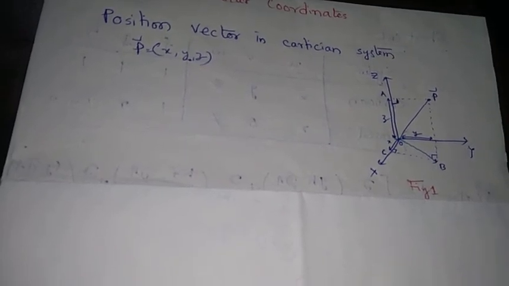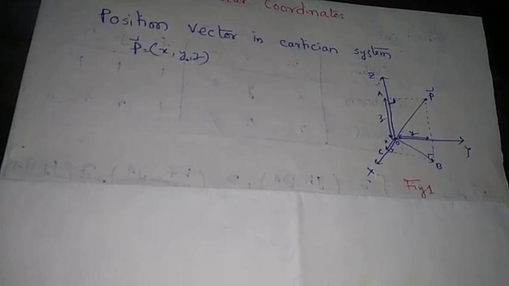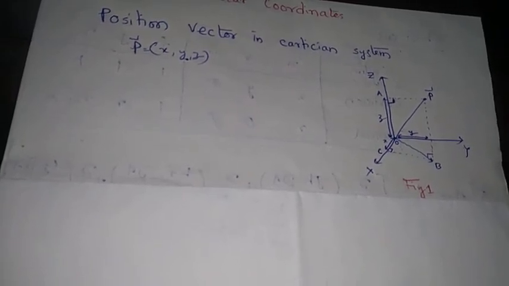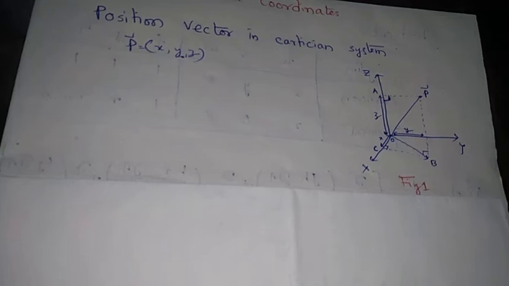The projection of this OB on the x-axis, which is OC, is our x component, and the projection of this OB on the y-axis, which is CB, is our y component.